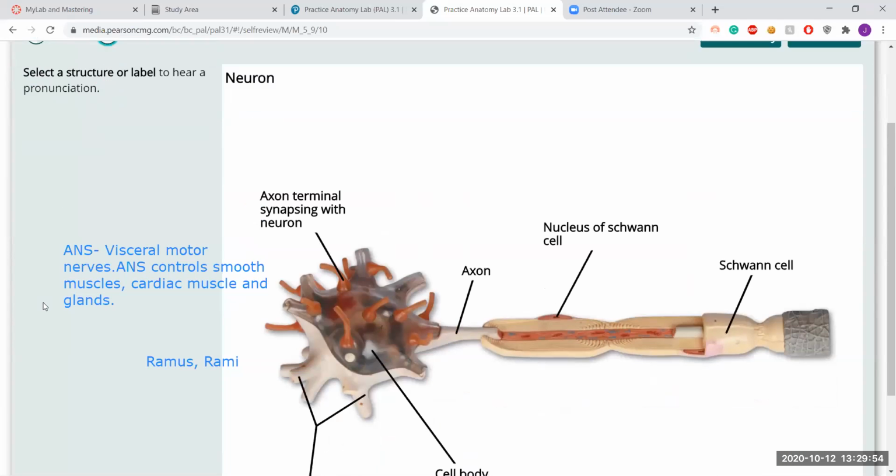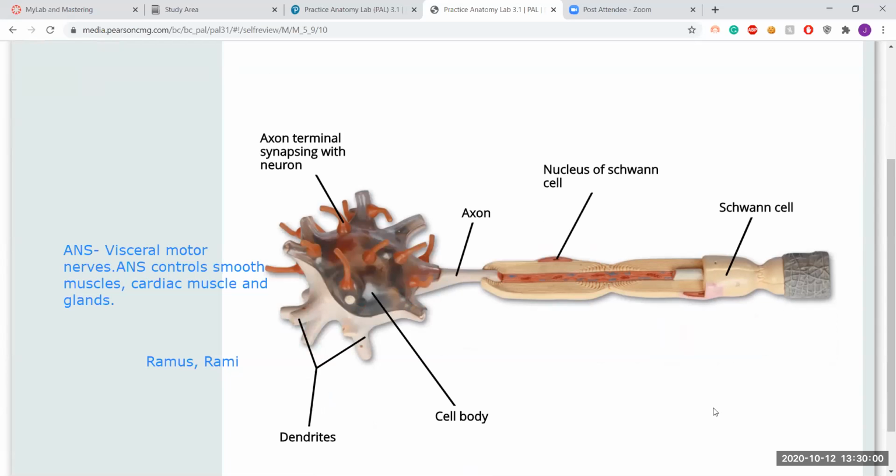Okay, we have done this neuron model. Did we do it last time at the beginning? This is a typical model of the neuron. And they are covered by Schwann cells, which form the myelin. And then this gap is the nodes of Ranvier, and this covering is neurilemma.